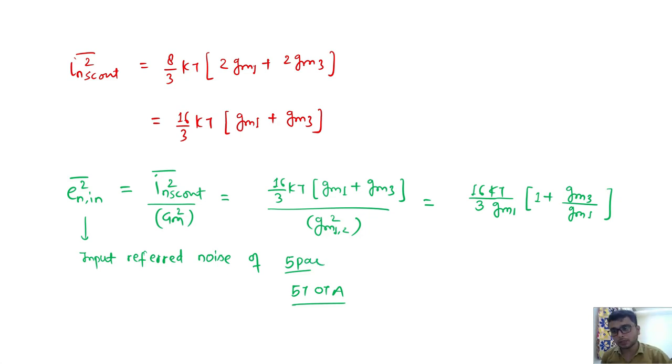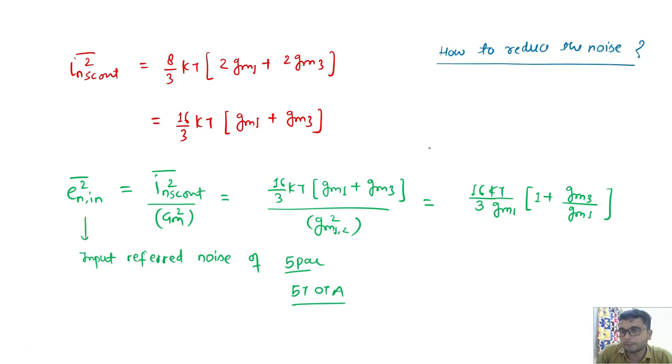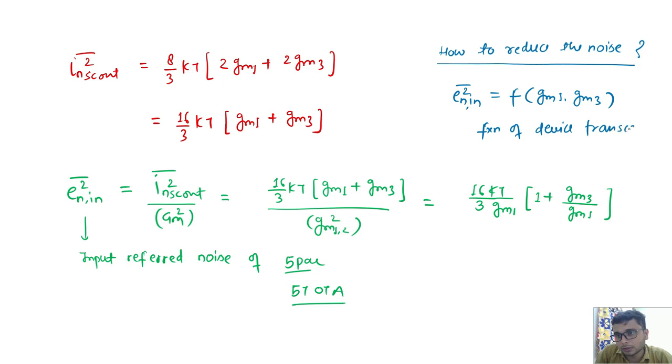Okay. So how to reduce the noise? I'll take it on this page only. From the expression we can see that the input referred noise voltage square is nothing but a function of gm1 and gm3. So it is a function of all the devices, or a function of device transconductance.